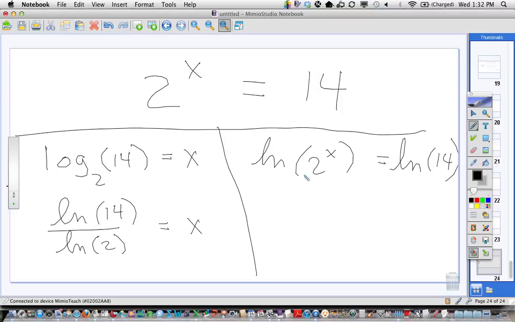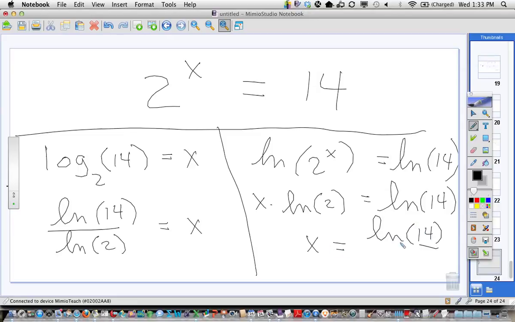When you do a log of something that's got a power, you can bring that power down in front, like this. And that comes in real handy for us throughout the year. And now to solve for x, I can divide by ln 2, and just like magic, I get exactly the same answer. Okay? So you can just leave it just like that. So you don't really, again, need to calculate.